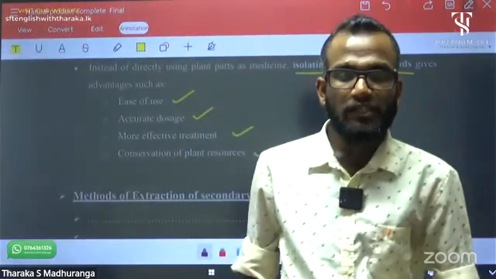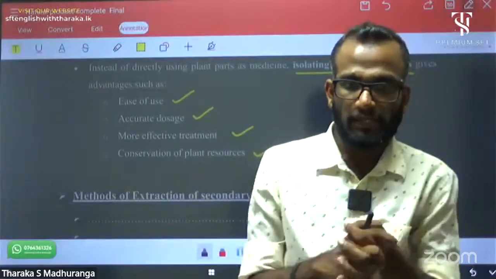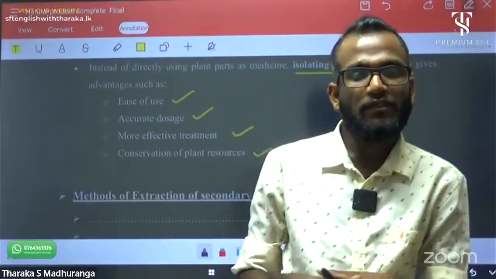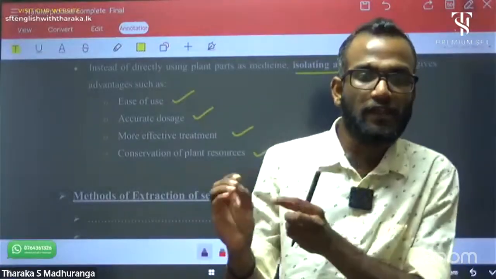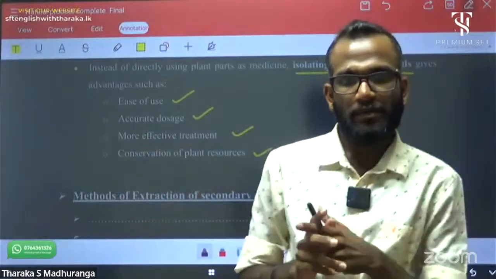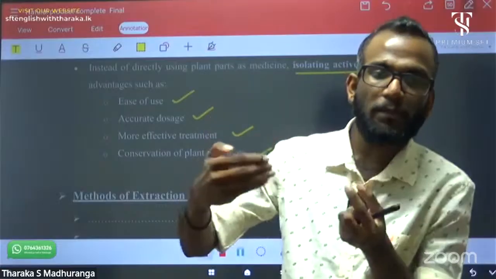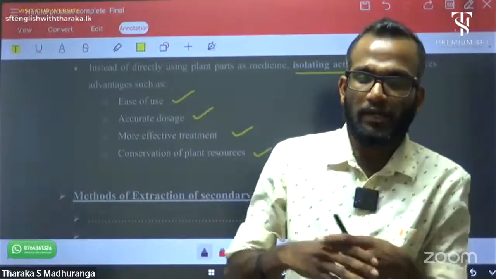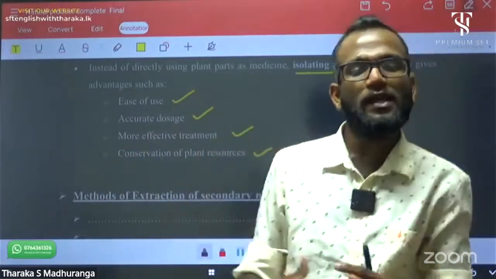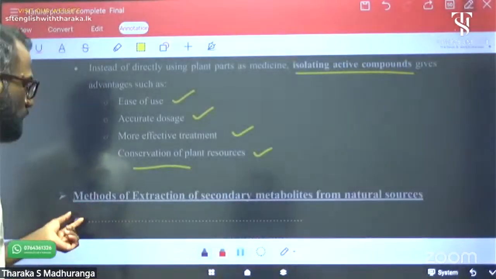After this extraction, we can produce these compounds by chemical synthesis. I will explain that at the end of the lesson. Then we can protect our plant population. If we use plant material, we continuously have to depend on it. But after extraction, we can produce the relevant compound by chemical synthesis. Then we can conserve the plant resources.